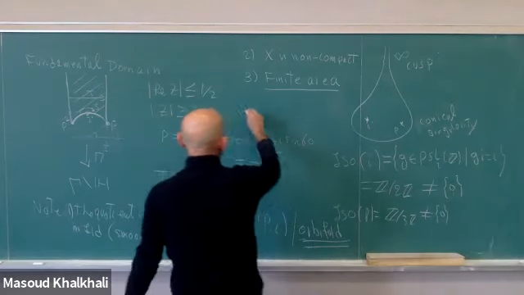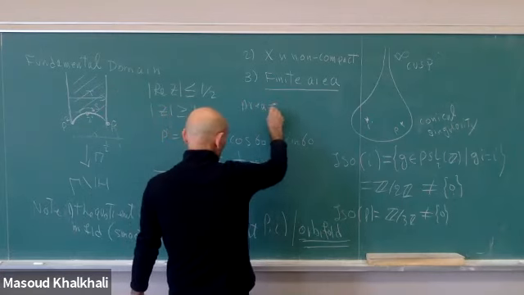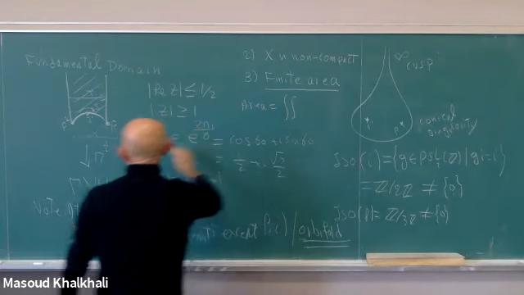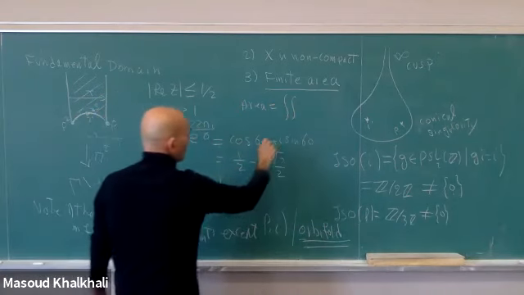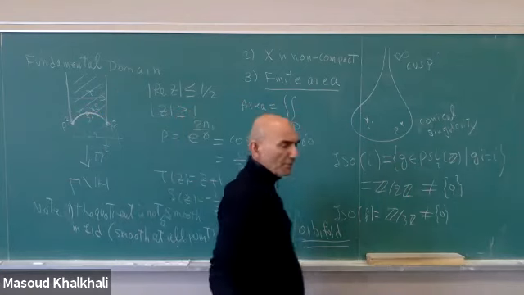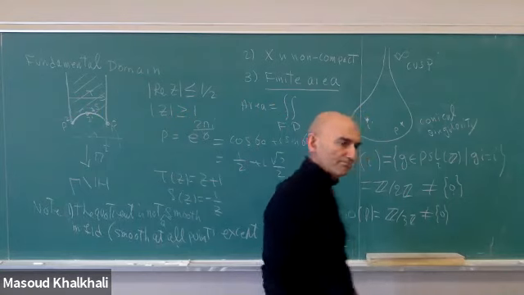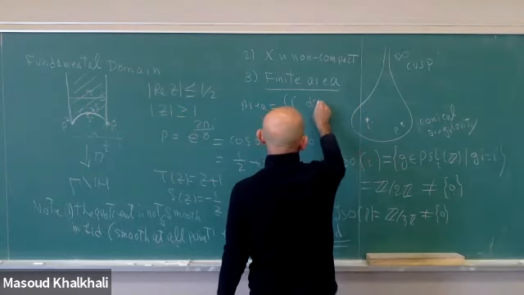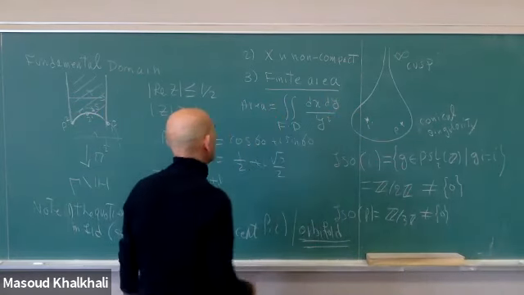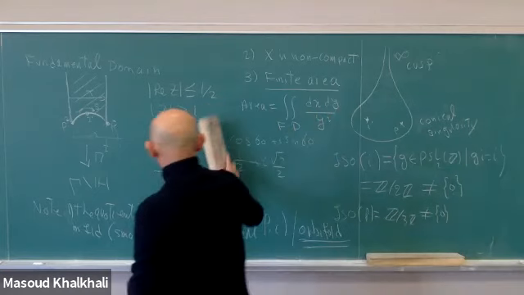So area is equal to a double integral over the fundamental domain of the area form. Now, the area form we can compute is dx dy over y squared. Again, this is an easy integral in this case.